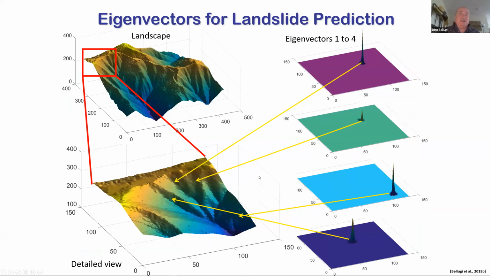In the case of landslides, these eigenvectors instead point to specific parts of the landscapes, which are exactly the places where we expect landslides to happen, steep converging places in this example.